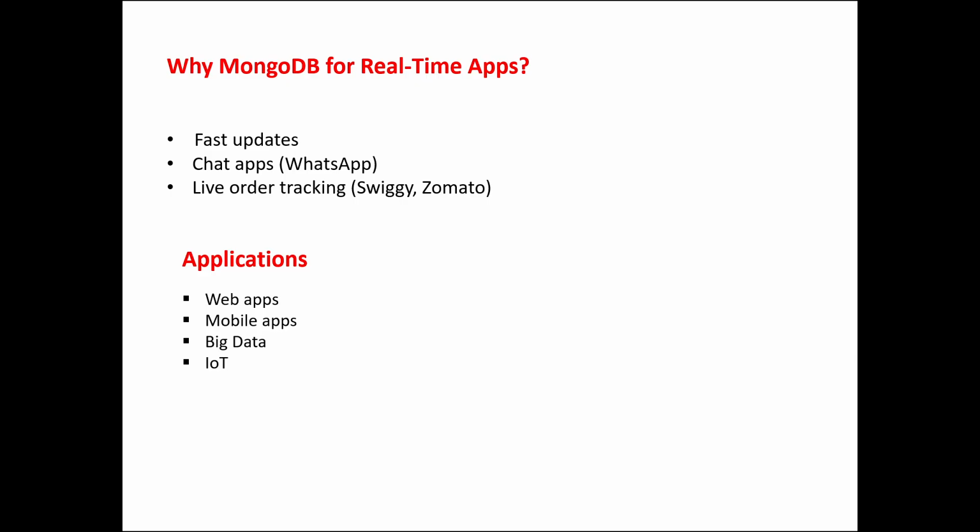If you order food in Zomato, we can see the live tracking of the driver. He comes to one place and moves to another place, so the data has to move and update fast. For live order tracking and chat apps like that, we can use MongoDB. It is very efficient for us. Next, applications like web apps, mobile apps, big data, and the Internet of Things (IoT) also use MongoDB as their database.